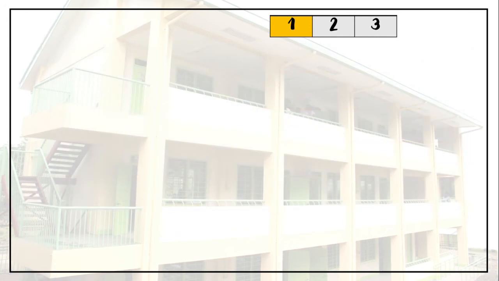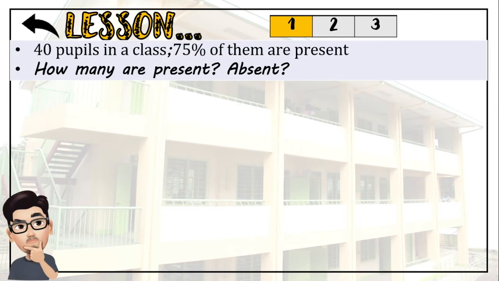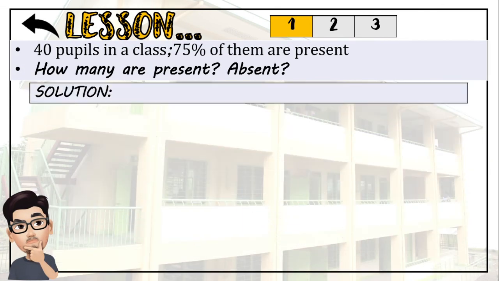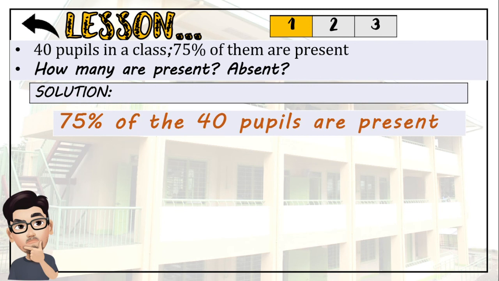Now, let's plan. So, we will make the statement muna. So, 75% of the 40 pupils are present. So, i-identify muna natin alin yung percentage, alin yung rate. Sabi dito sa video, kapag may percent sign, that is considered as the rate.